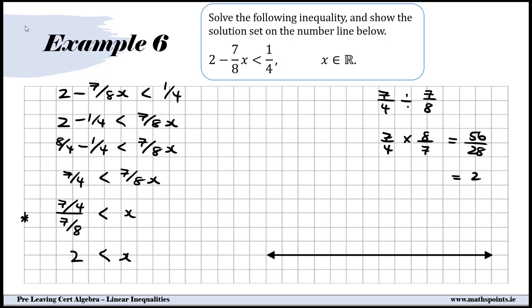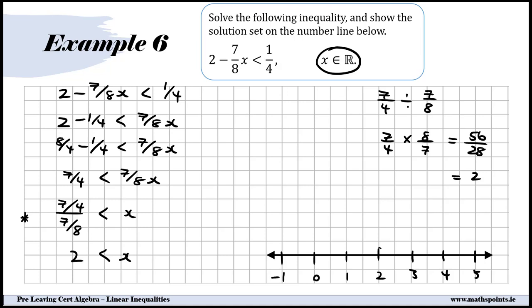As I mentioned before, I like to put the solution that I found in the middle of the number line, so 2, and then put a couple of numbers either side of that just to demonstrate the solution more clearly. So we go from -1 to 5 on the number line that I have. So x is greater than 2. Note that it's a real number line, so we're including all the fractions and the decimals, but it's not equal to 2.